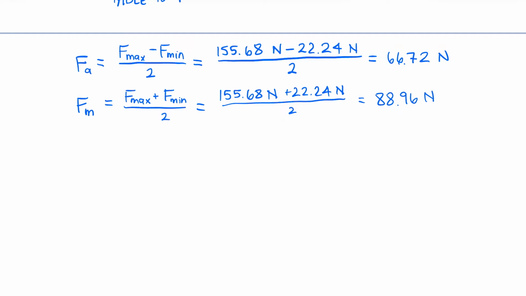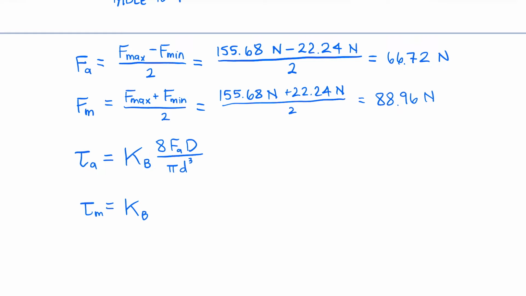Okay, now we can plug these into our formulas for the alternating and mean shear stresses. These are the equations that contain the Bergstrasser factor, and we multiply that by 8 times the force times the mean coil diameter divided by pi times the wire diameter cubed. Let me just go ahead and rewrite that for our mean stress.